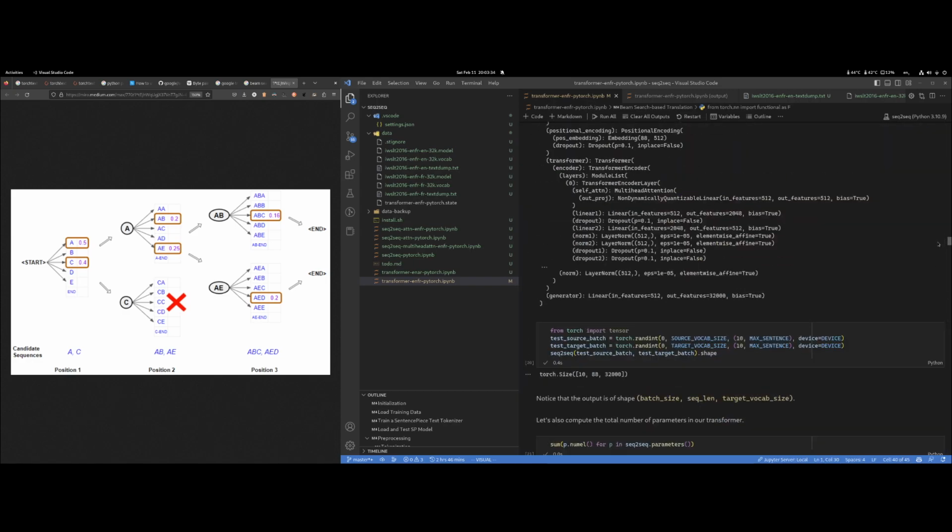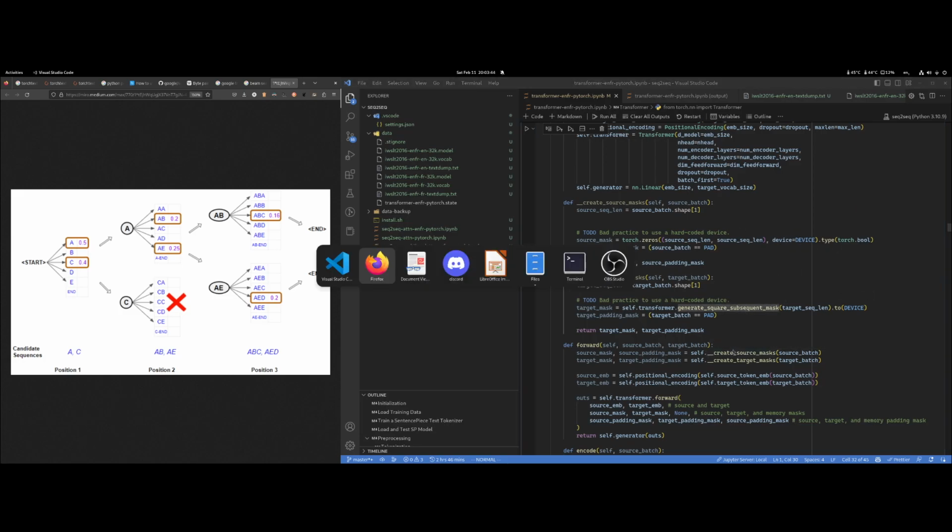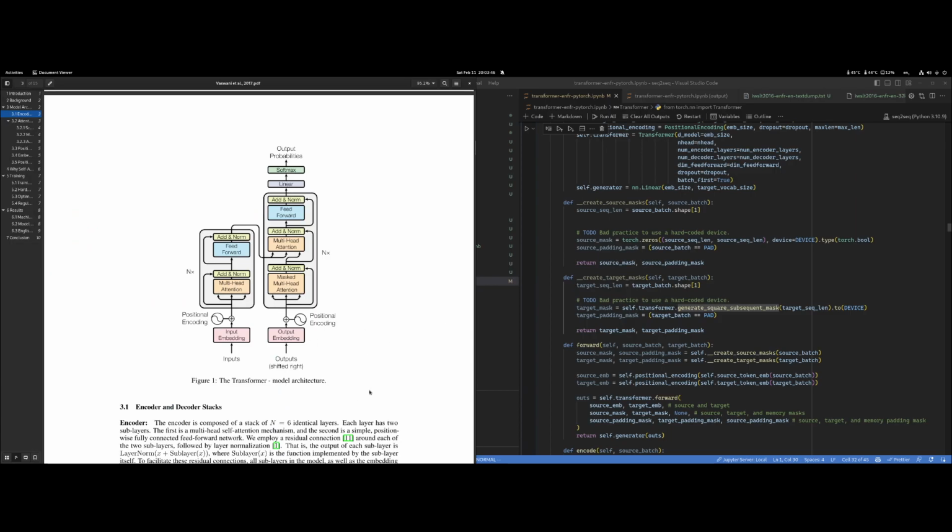I think I also want to talk about the target masks. If you recall from the transformer model, the encoder was just multi-head attention, attending to everything, so every word attends to every single word. But you can see that in the decoder they intentionally use a masked multi-head attention.